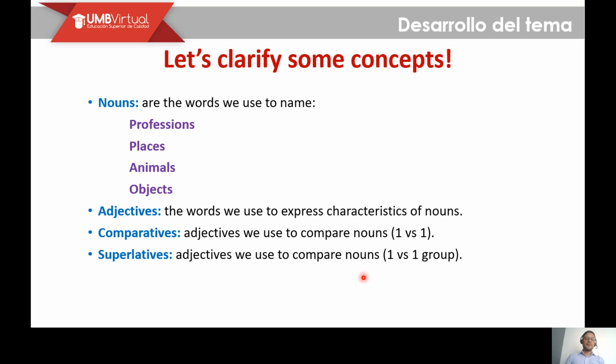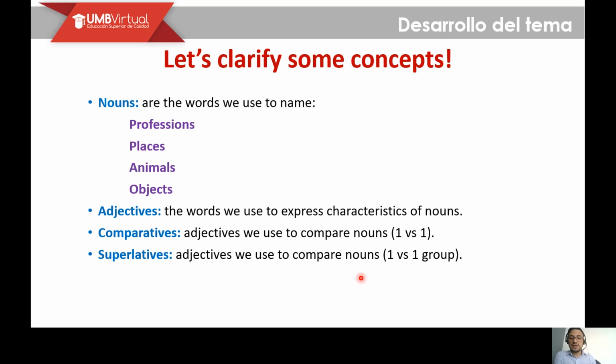Now we have to clarify some concepts, even though these are basic ones, just to make the clarifications. We have nouns, adjectives, comparatives, and superlatives. Remember that in nouns we have professions, places, animals, objects, people, countries. Yes, we have different types of nouns that we can have.